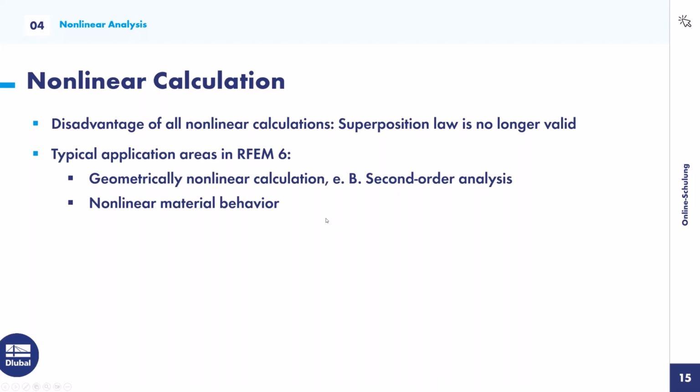Imagine you have a dead load case and a steel beam of grade 235. So it can have 235 Newton per square millimeter. Now you put on a dead load case which just brings it to the limit of 235 Newton per square millimeter. You reach the limit of it. It can't do anything more.